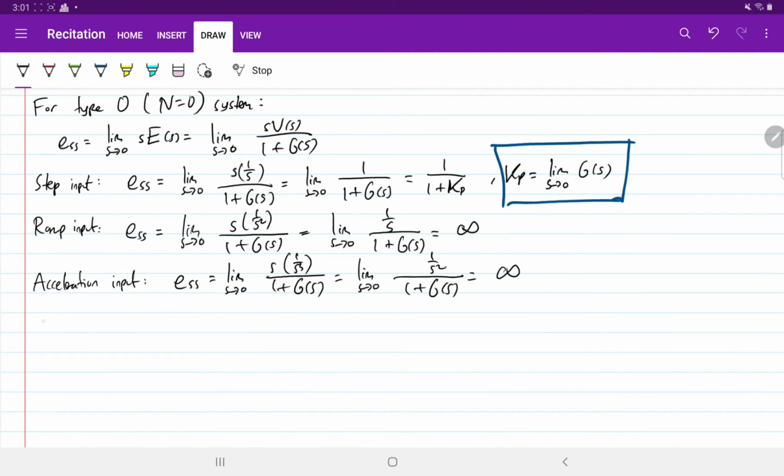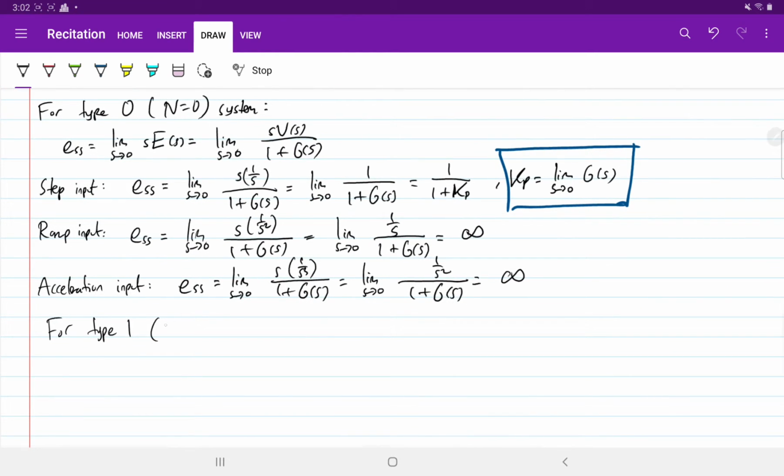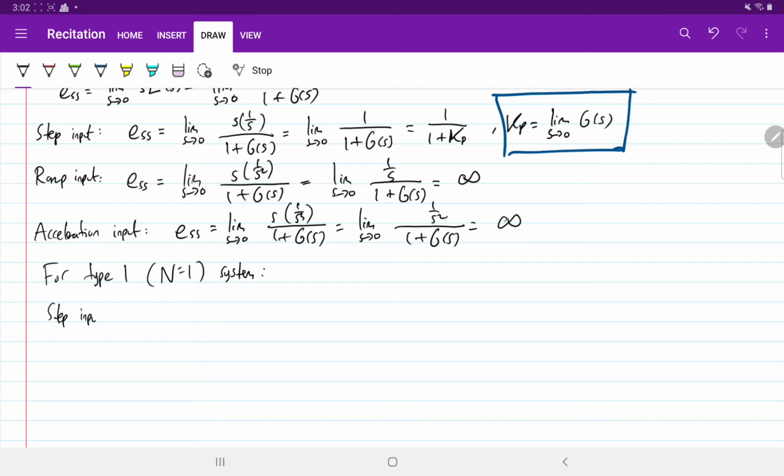Okay, how about type 1? For type 1, where the roots of g of s equal to 0 has 1 root, so n equals 1, then for a step input, the steady state error e_ss is limit s to 0 of s multiplied by the step 1 over s, over 1 plus g of s.